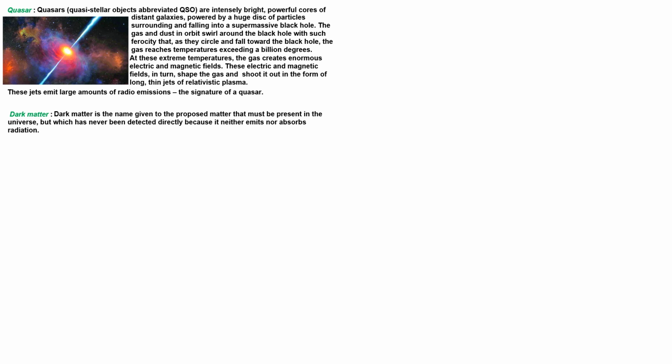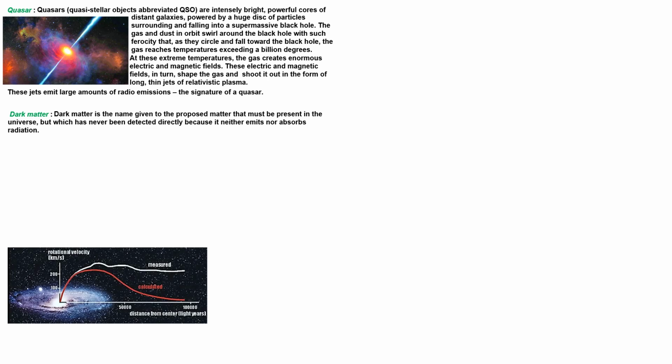For example, one of the strongest pieces of evidence for the existence of dark matter is that stars at the edges of rotating spiral galaxies should travel much more slowly than those near the galactic center, where a galaxy's visible matter is concentrated.